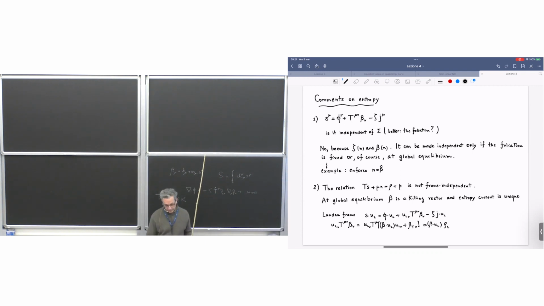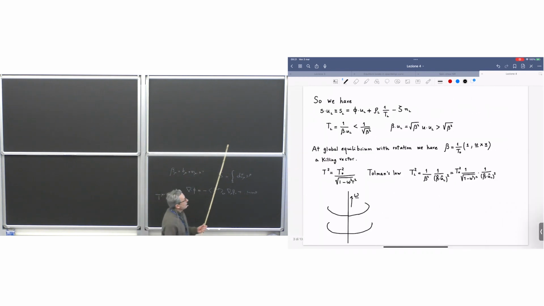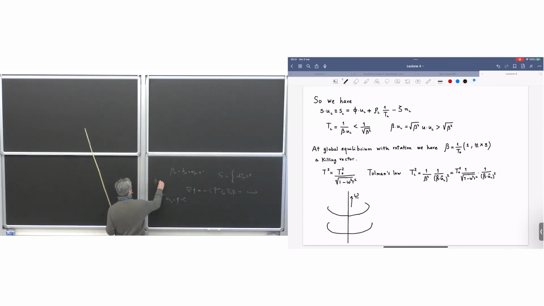So, finally, we have that s dot U_L, that we can call the entropy density in the Landau frame, is equal to this scalar product plus rho divided by T_L, and then you have minus zeta n_L. So it looks like this is, provided that phi, we don't know that in general, but assume, and you will see this in the exercise of this afternoon, assume that phi is equal to P beta, pressure times beta.